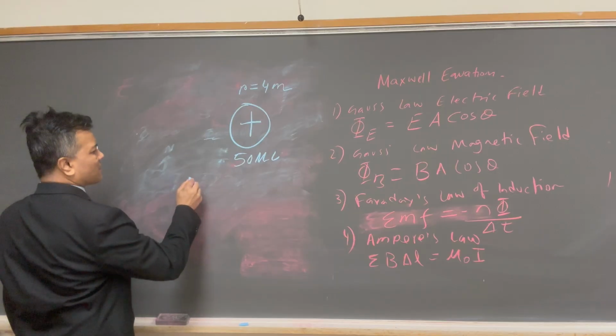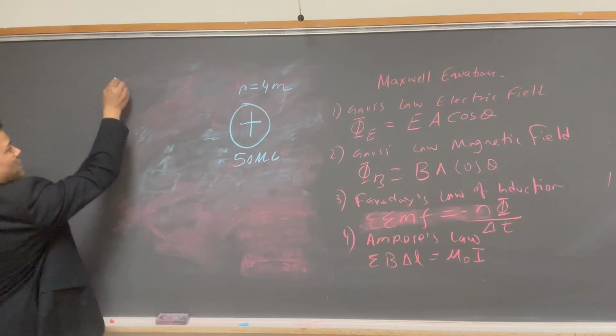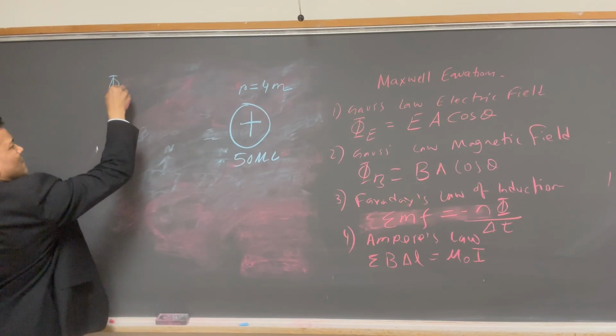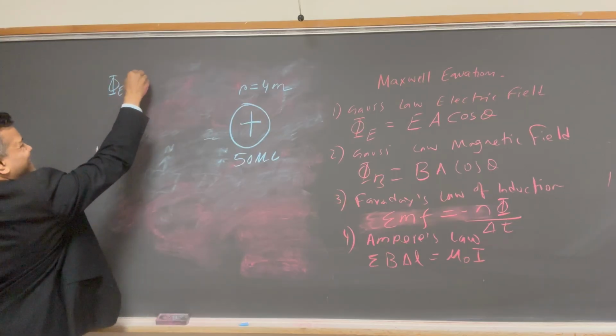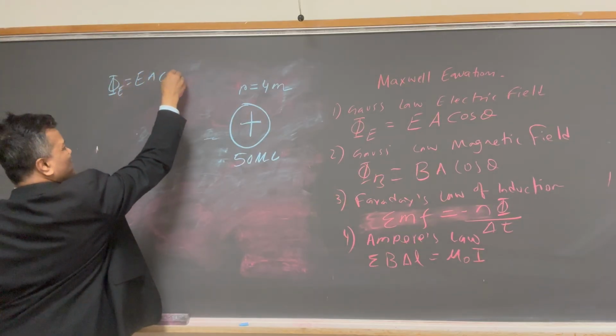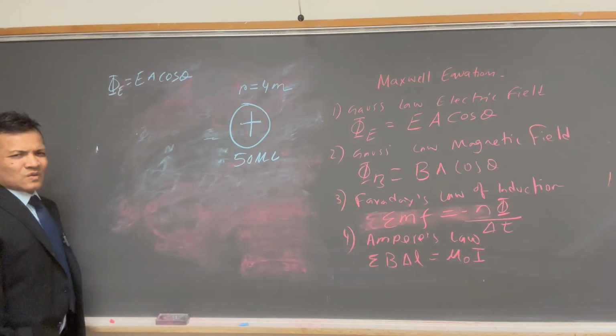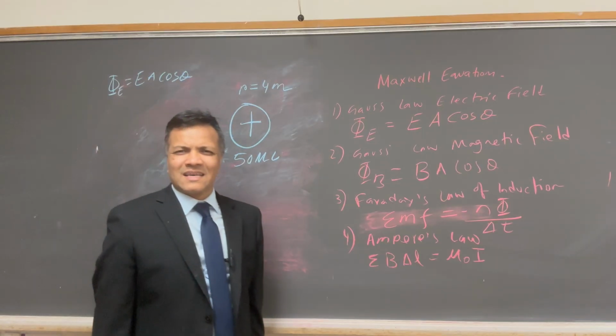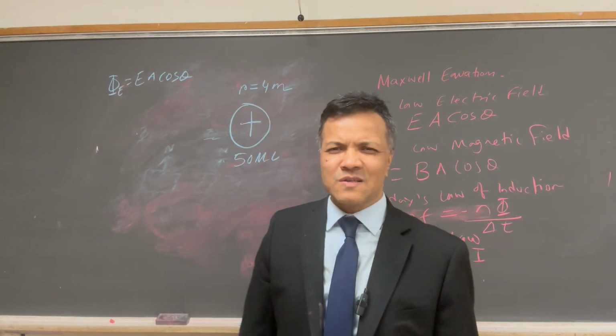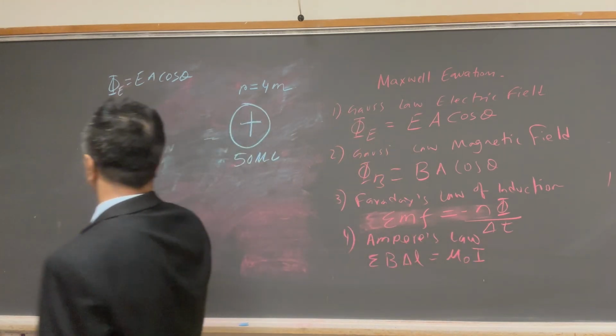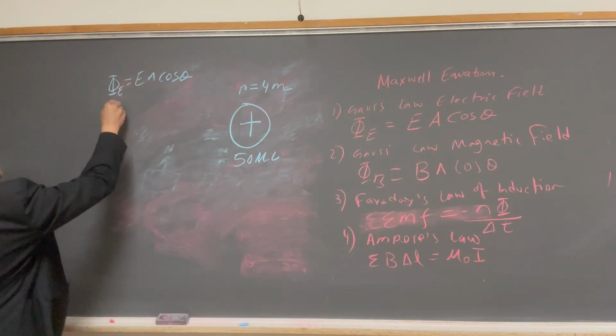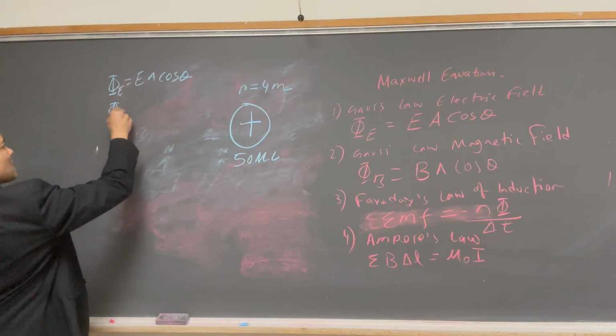So what is electric flux? Electric flux would be EA cosine theta. The normal and electric field are at 0 degrees because they are parallel. So we have electric flux is EA.